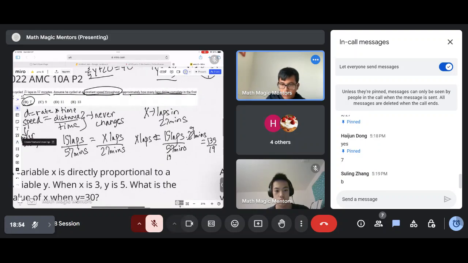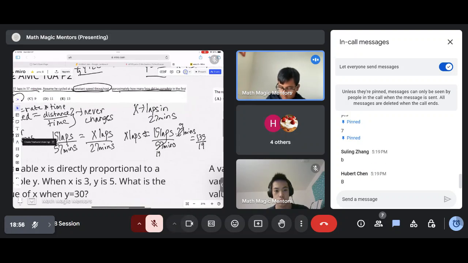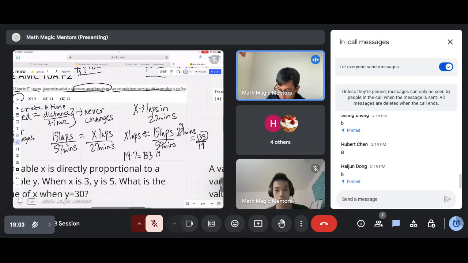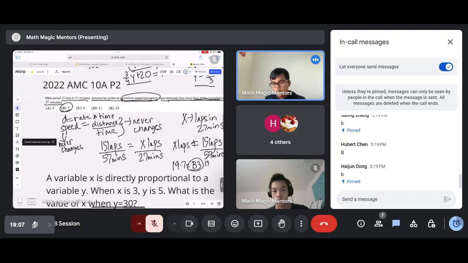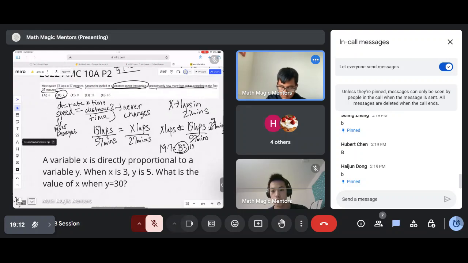So 7, B. Because as you see, 19 times 7 is going to give you 133. And so 135 is kind of close to that. So it's going to be approximately 7 laps, B. Yeah, for those of you who said B in the chat, you guys are right.